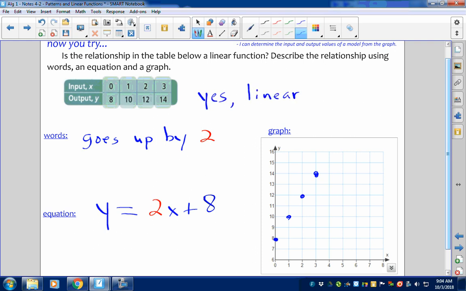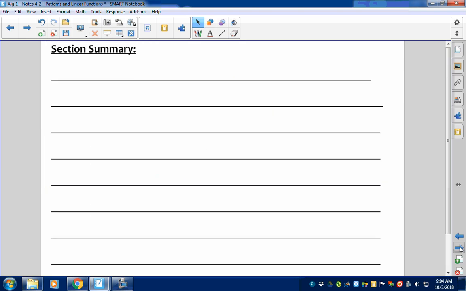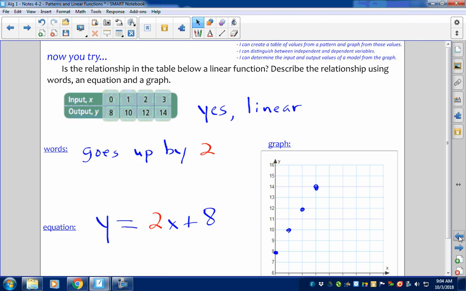Okay. So in terms of a summary, what kinds of things could we put in the summary, maybe? I want to say something about the dependent and independent variable, right? You guys all get this?